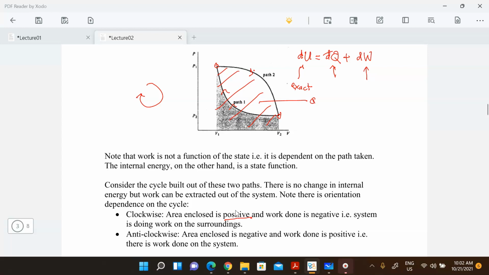So here you get the area to be positive. And remember that your work done is actually minus PdV. So this is positive, which means your work done is actually negative. So what does it mean by a negative work? Well, it means that the system is actually doing work on the surroundings.